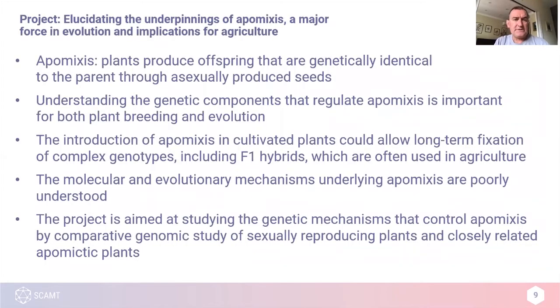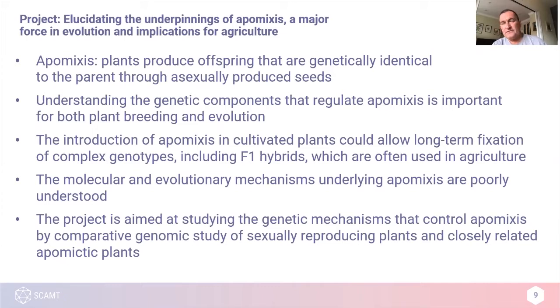So also we study, as I told you, asexual reproduction, and one of the main representatives of asexuality is apomixis, which is the production of plants or offspring via asexually produced seeds. They bypass meiosis, and in fact their progeny or offspring are genetically identical to the parental plants.